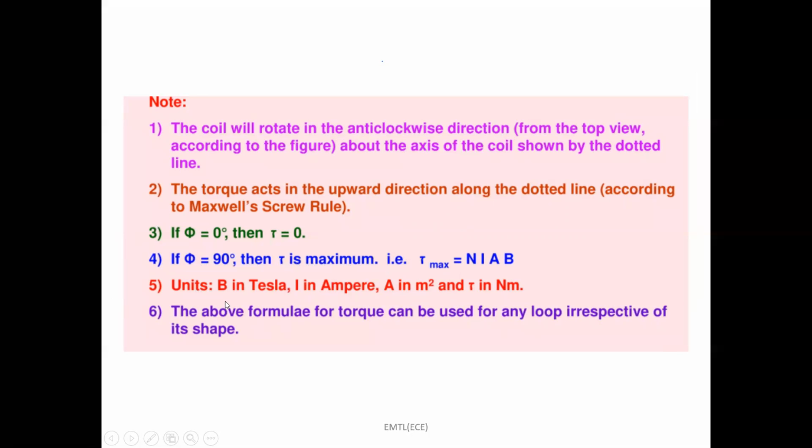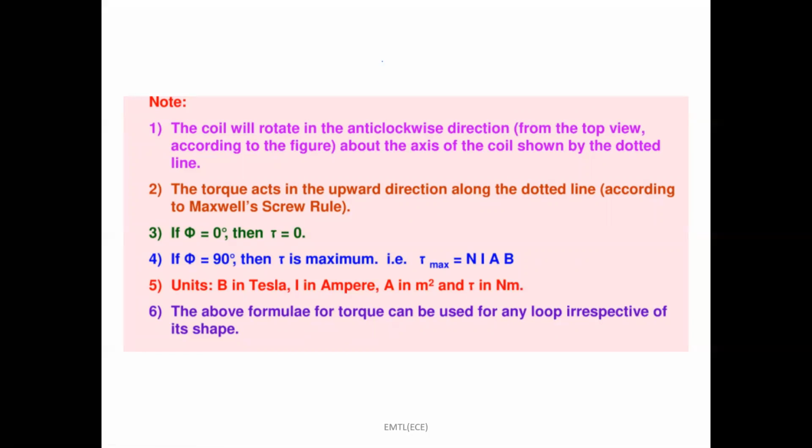Now the unit of torque is the newton meter. Why? Because B is in tesla, current in ampere and area in meter squared. By substituting all these units, we get the unit of torque as newton meter. The above formula for torque can be used for a loop irrespective of its shape.